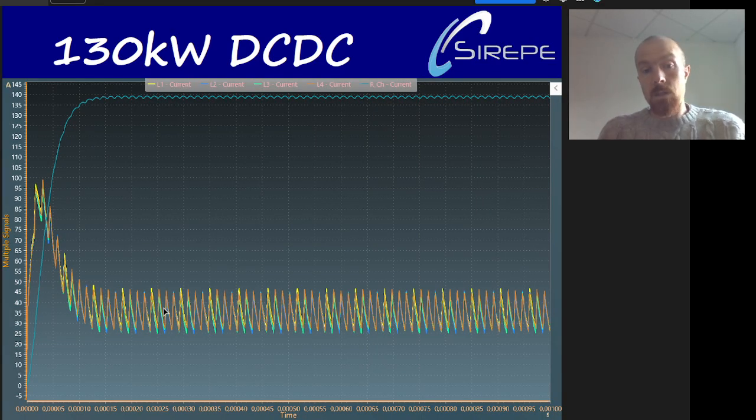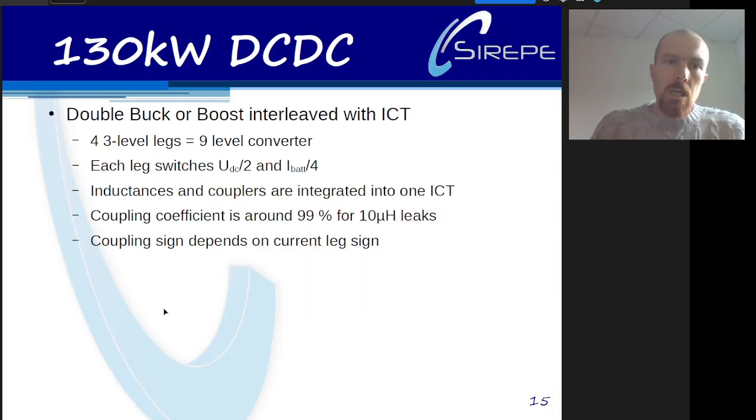So we can see here the difference. The relative high frequency ripple is higher, but it remains acceptable, and the resultant ripple in the battery current is a little bit higher, but it's not the end, because we can build a complete converter with 4 3-level legs.